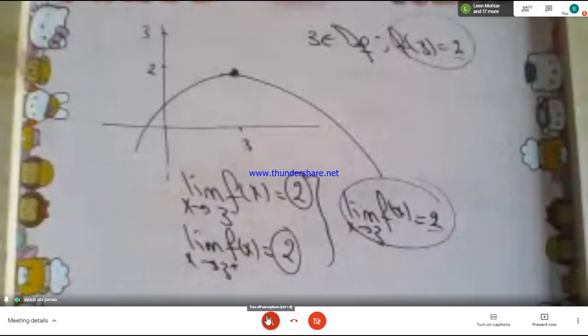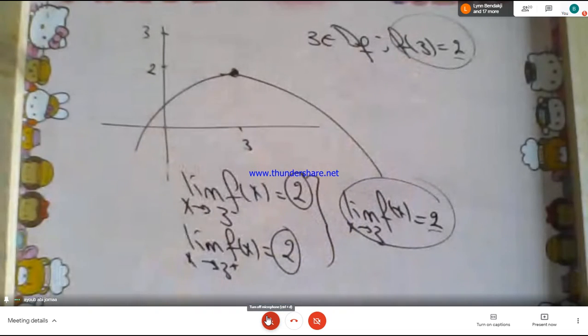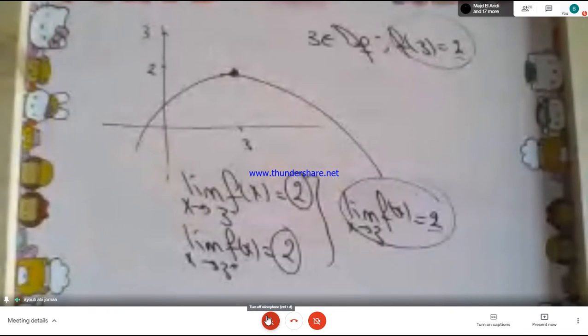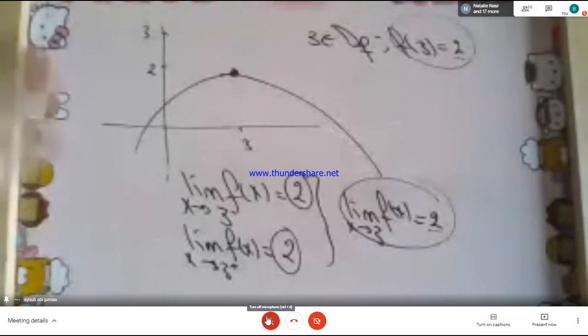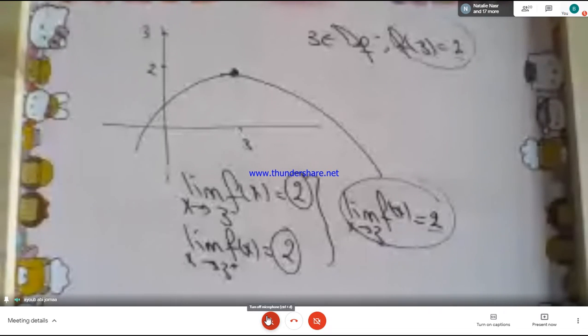So the third condition for the continuity is that the limit as x approaches the number is equal to f of this number. Limit as x approaches 3 should be equal to f of 3 in order to say that the function is continuous. So here we have three conditions. The function is defined at the given number.